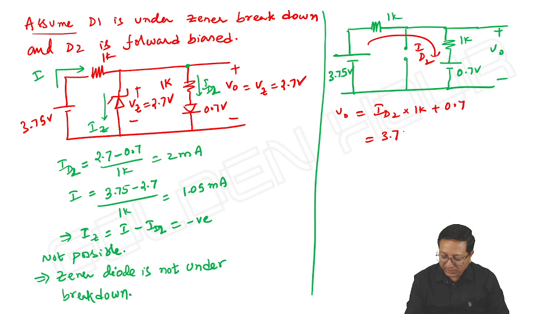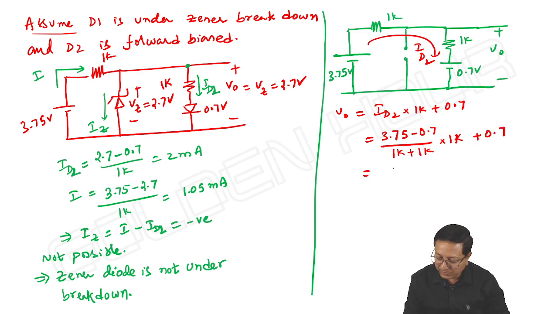It is (3.75 minus 0.7) by (1 kilo ohm plus 1 kilo ohm) into 1K plus 0.7. So how much do we get? 3.05 by 2, that is 1.525.